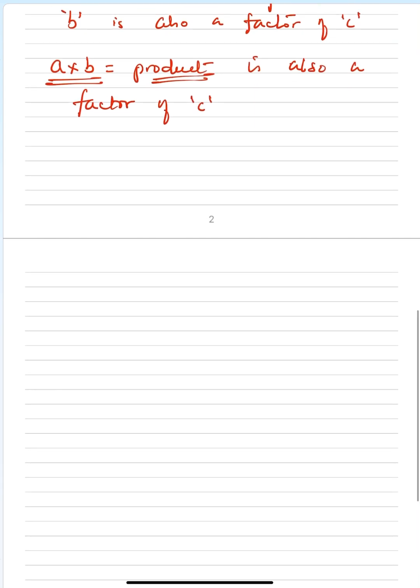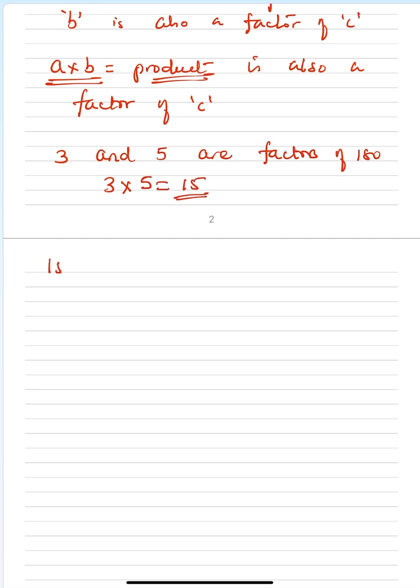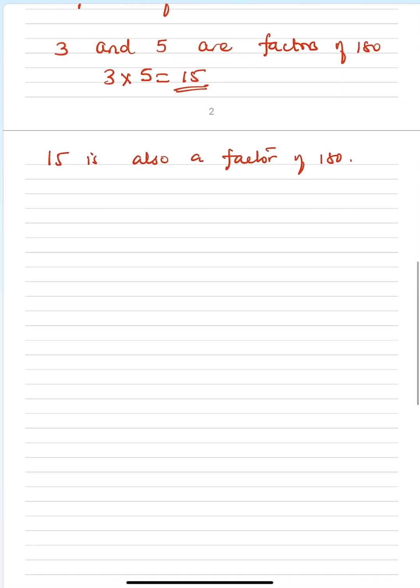For example, 3 and 5 are factors of 180. Then what will I do? 3 into 5 is equal to 15. This 15 is also a factor of 180. This is what the statement is telling us.